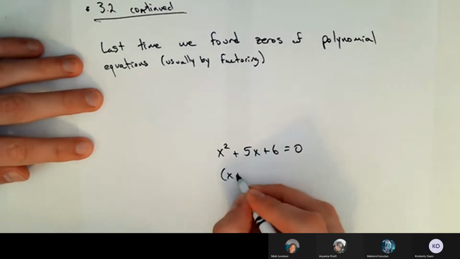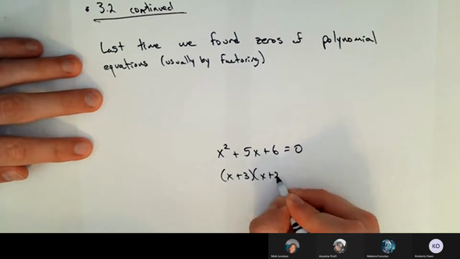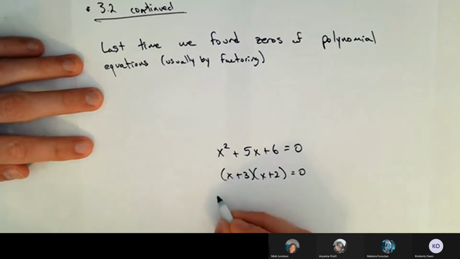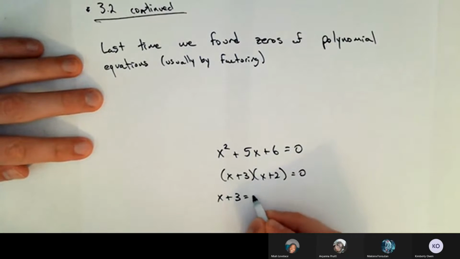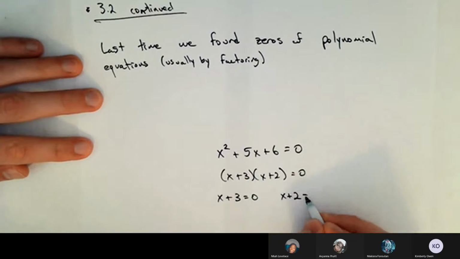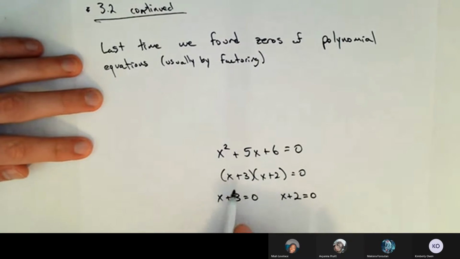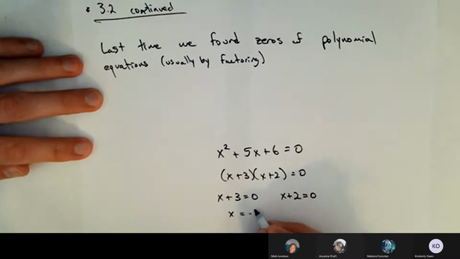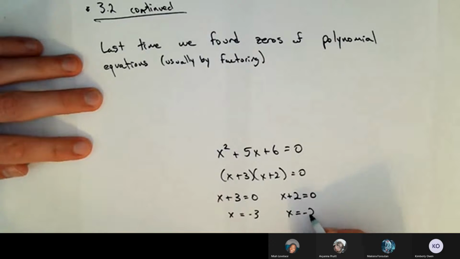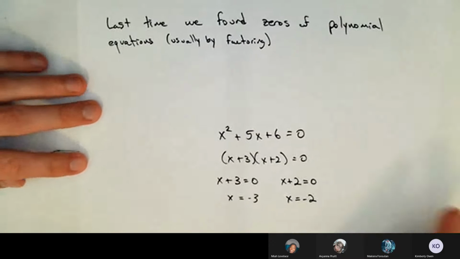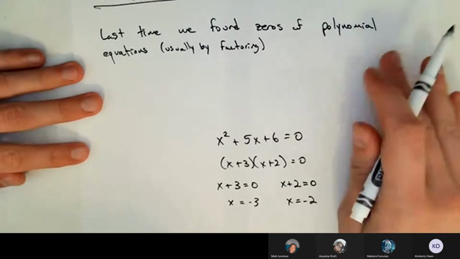So we would factor it, and once we have it factored, we can split the equation and set each of these little linear factors equal to 0 independently, which makes them much easier to solve. That's what we were doing last time.